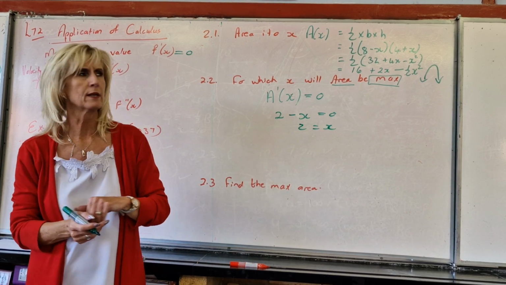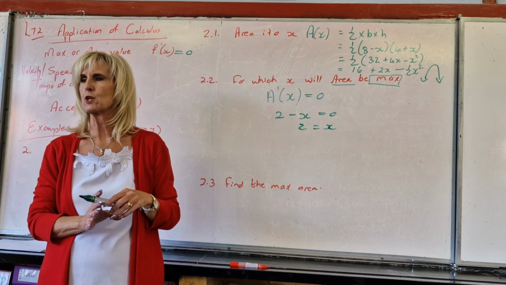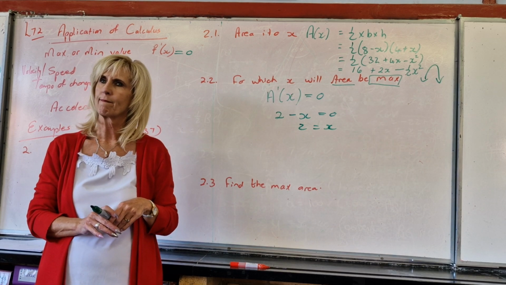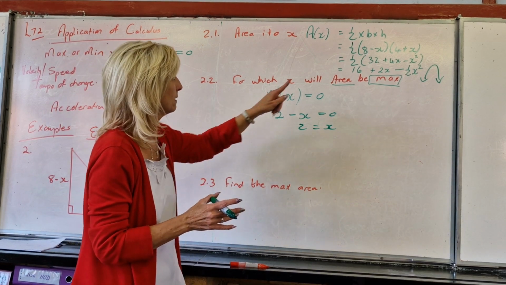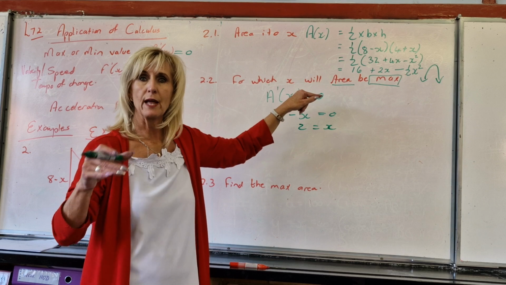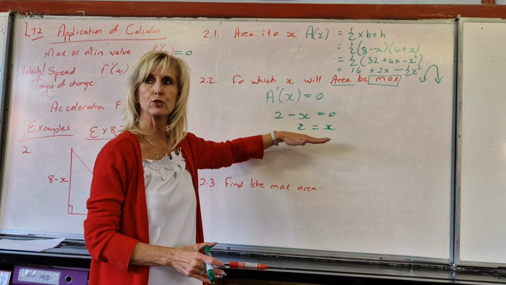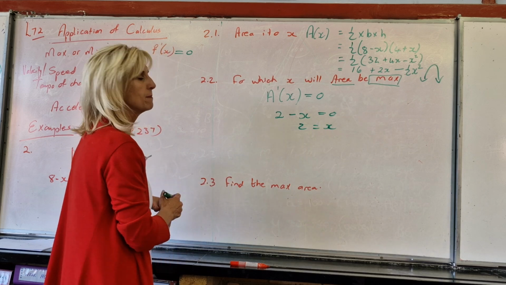What was the question? Find the value of x for which the area will be a max. So what's the maximum area? Not 2. Where's the area formula? There's the area formula. And I only know that it will have a max for x equal to 2. That's why the next question came and they said, find me the maximum area.